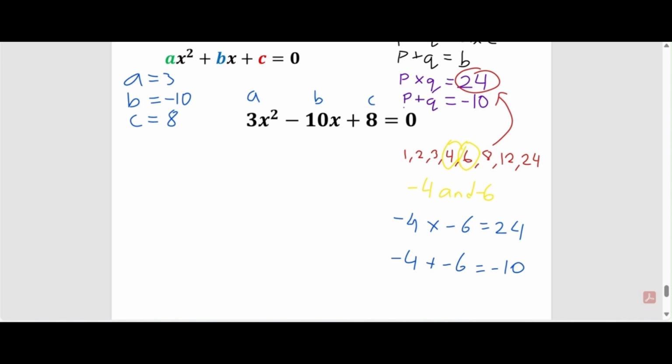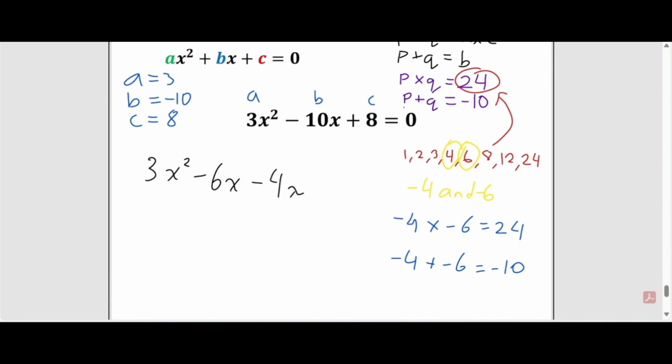So now we take the b term of the main question, and we're going to split it. Just like the previous question, we're going to split the middle term. We're going to write the two newfound numbers separately. So that'd be 3x squared minus 6x minus 4x plus 8.